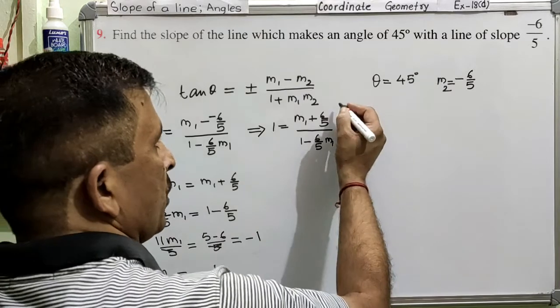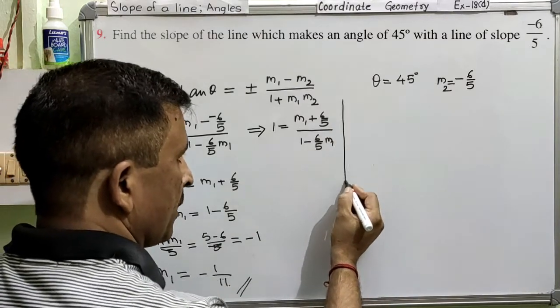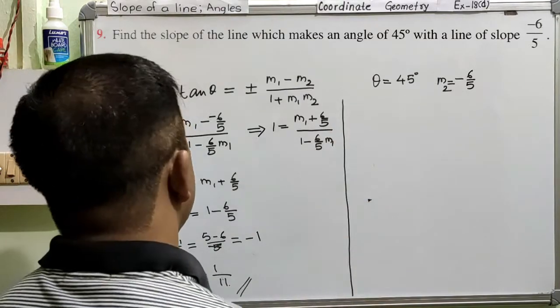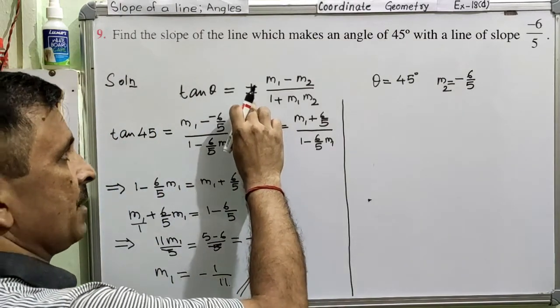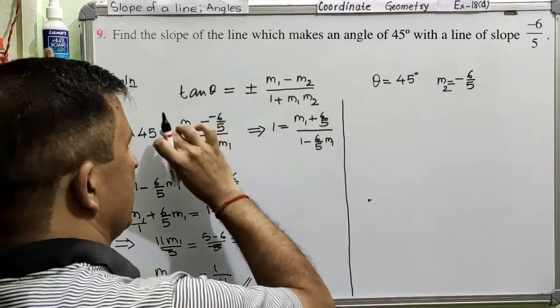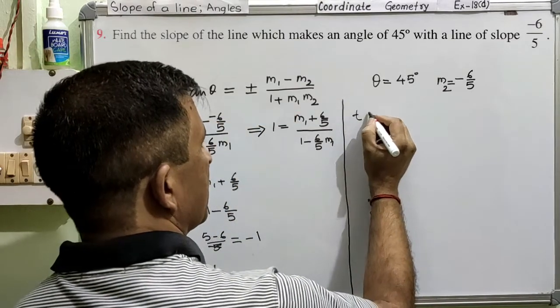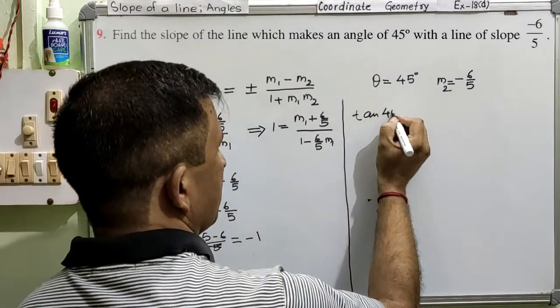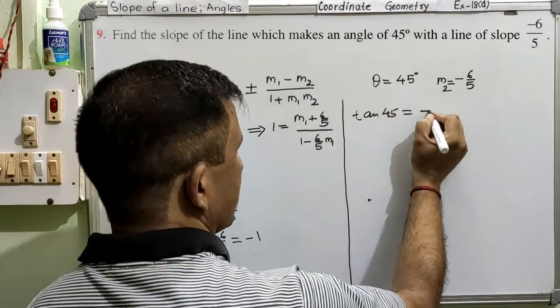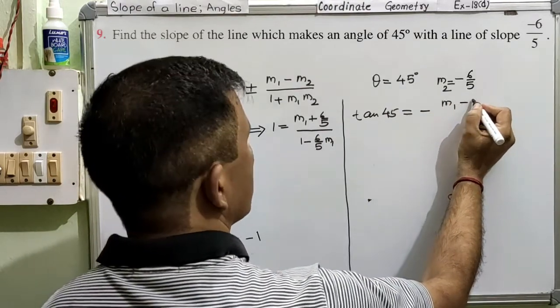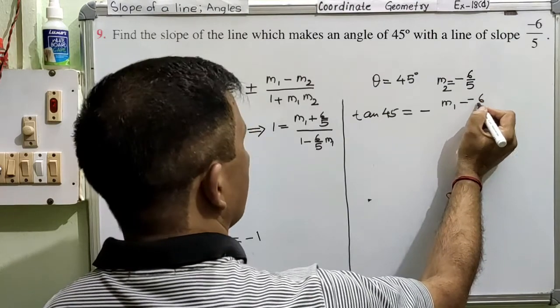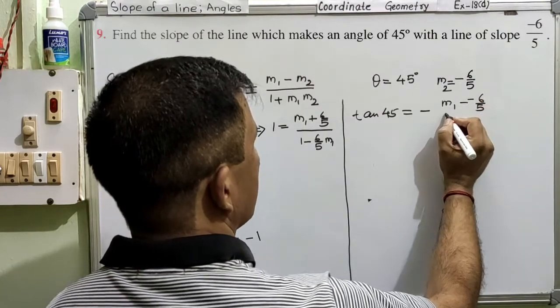Now I am going to calculate the other slope, other possibility. Now other possibility will be calculated by using the minus sign. So we'll start now. Tan 45. Now this time I am taking with minus sign. m1 minus 6 over 5. Rest everything will be same only. Okay.